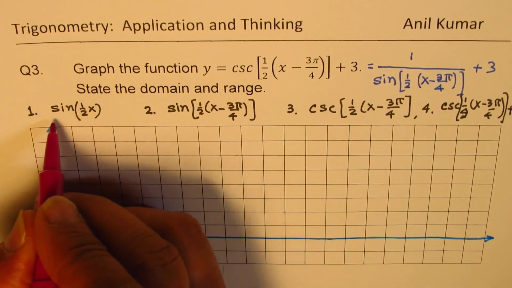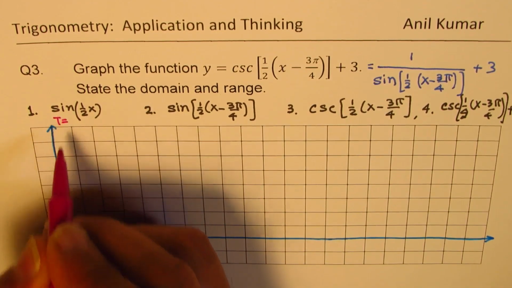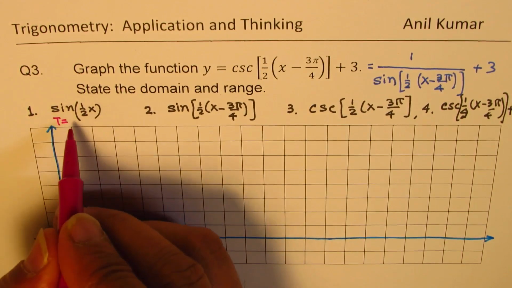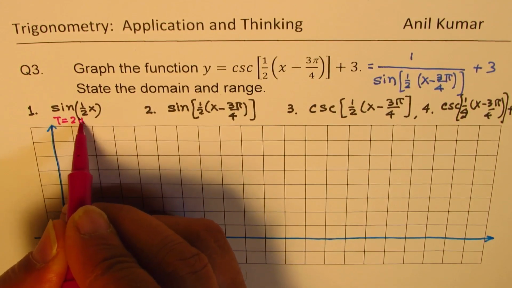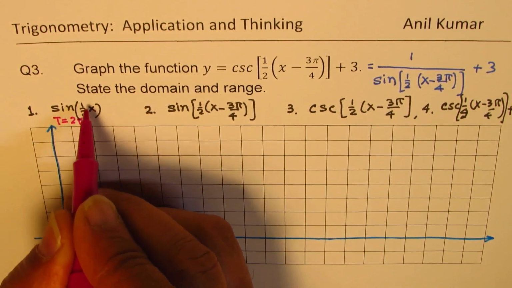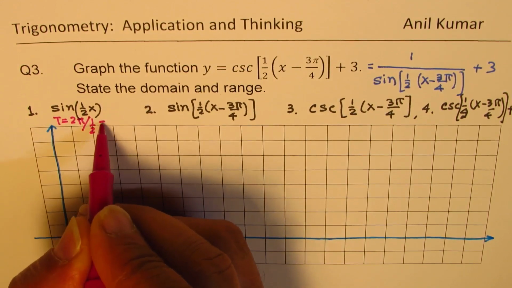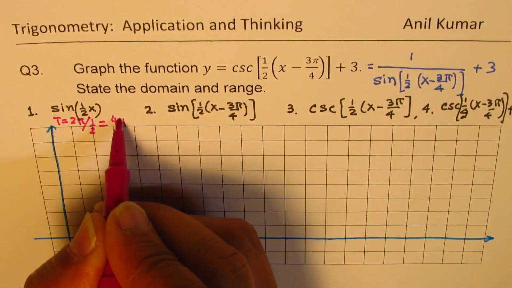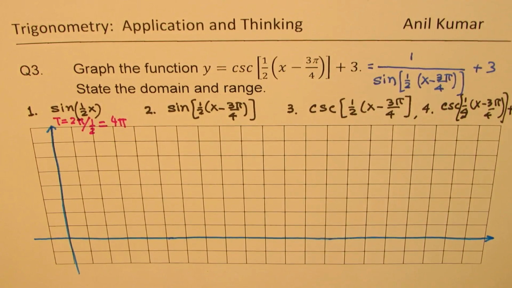What is the time period T? So the time period T for this function will be 2 pi by half, correct? So that gives us 4 pi. So 4 pi is the time period for the function sine of half x.